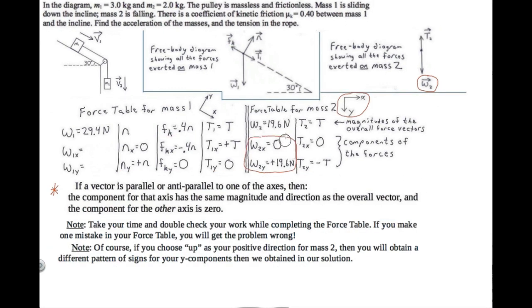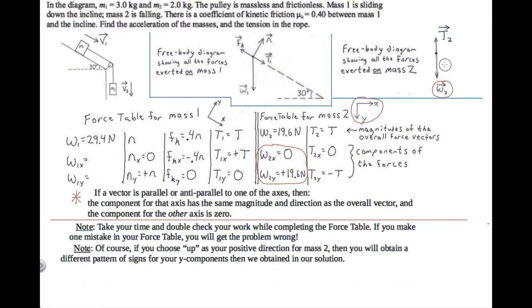For example, w sub 2 points down, which we have chosen as the positive y direction for mass 2. So w sub 2y is positive. T sub 2 points up, which we have chosen as the negative y direction for mass 2. So t sub 2y is negative.